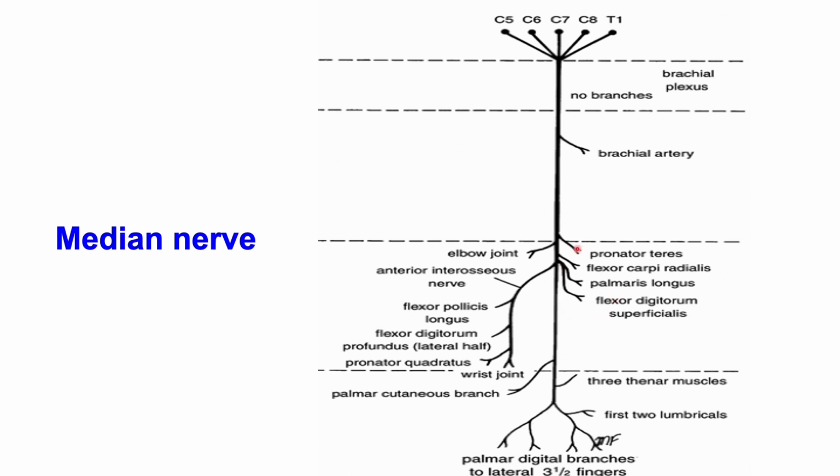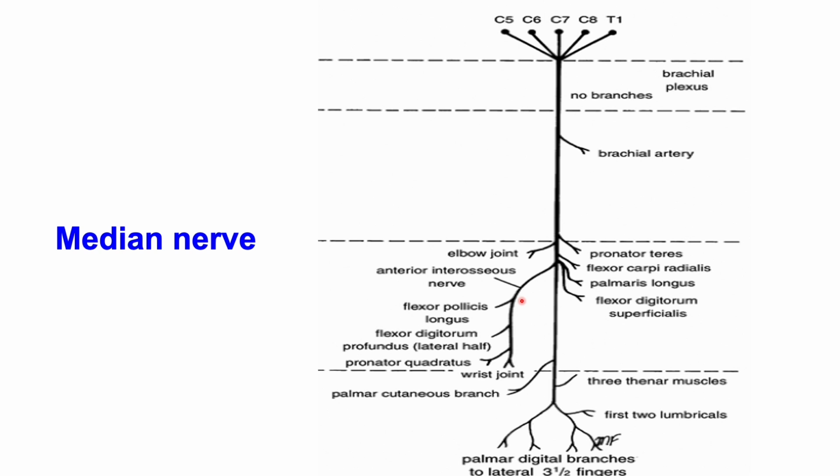As it runs distally, it gives other muscular branches to supply the superficial flexors of the forearm, which include flexor carpi radialis, palmaris longus, and flexor digitorum superficialis. Then it gives a branch called the anterior interosseous nerve. This is a branch which runs distally on the interosseous membrane along with the anterior interosseous artery, which is a branch of the ulnar artery.